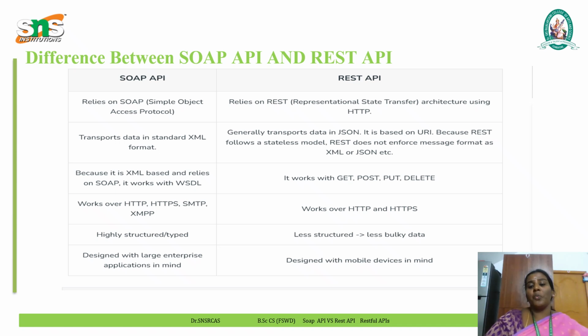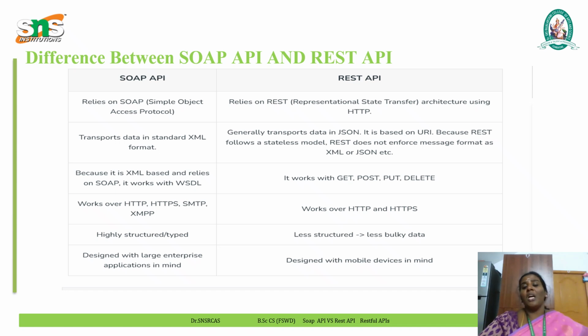It is based on URL because REST follows a stateless model, and REST does not need an enforced message format like XML or JSON. It works with GET, POST, PUT, and DELETE over HTTP and HTTPS, with less structure and less bulky data, whereas SOAP is highly structured data.